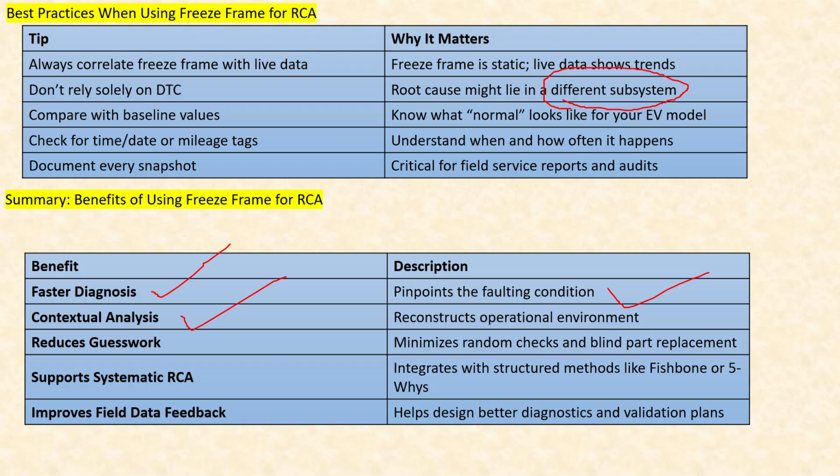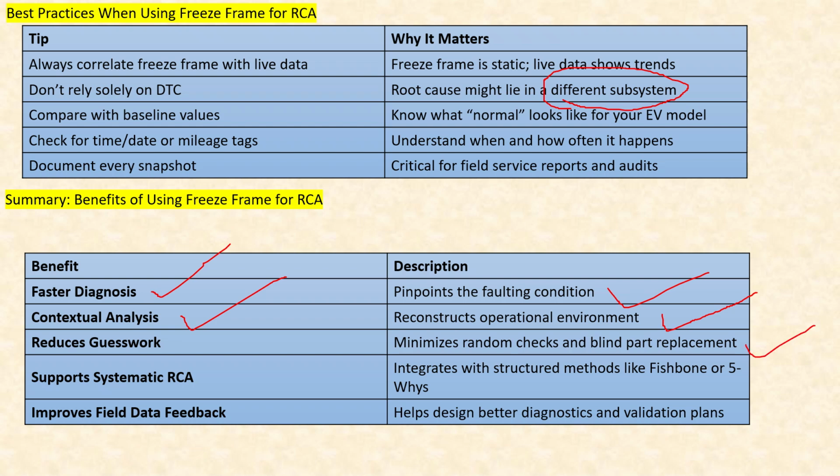You clearly understand under what context the fault happened. So it constructs the operational environment: where exactly, when exactly, under what circumstance exactly the fault happened. It clearly indicates. Now talking about reduces guesswork, minimizes random checks and blind part replacement.